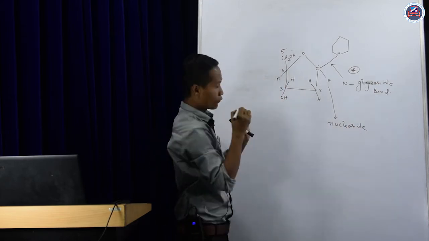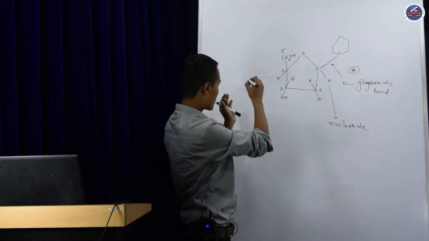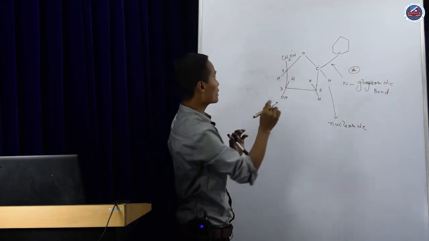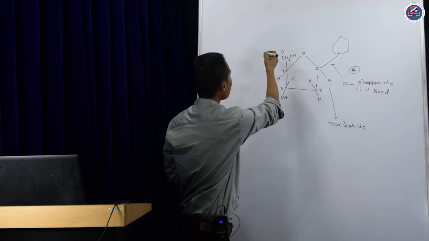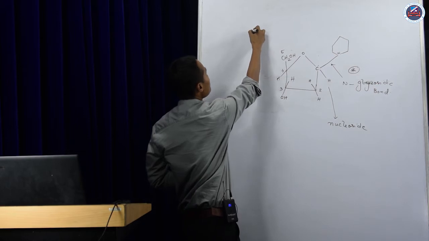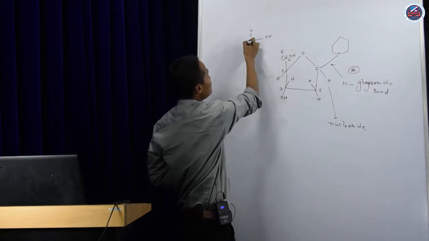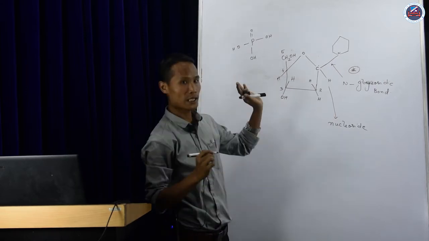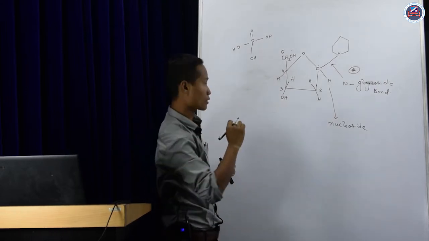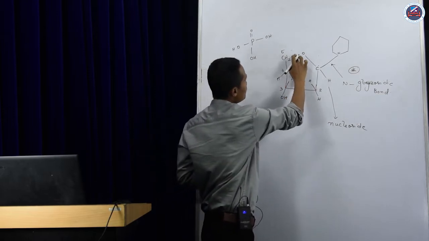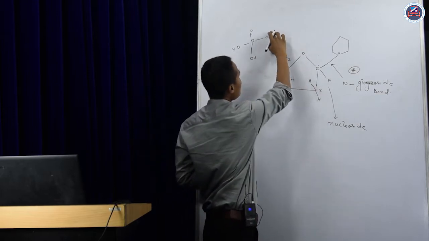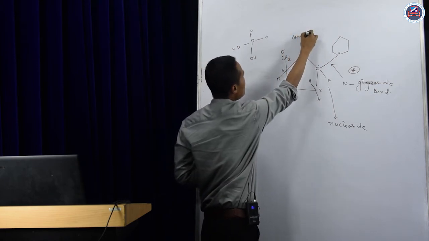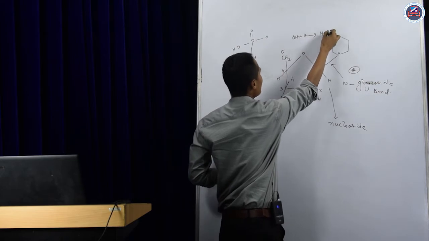Now the phosphate group will attach at the fifth position. Let me make the phosphate group, or phosphoric acid. The bond forms by elimination of a water molecule: this OH will be out, and H, so OH plus H will be H2O.